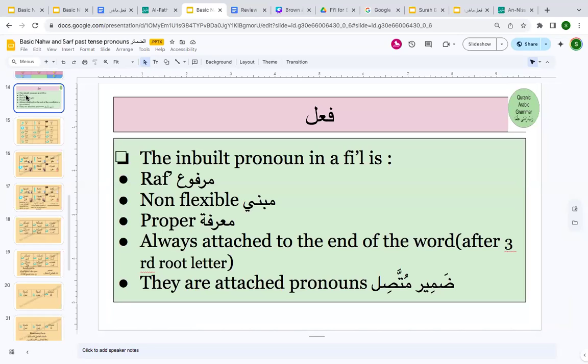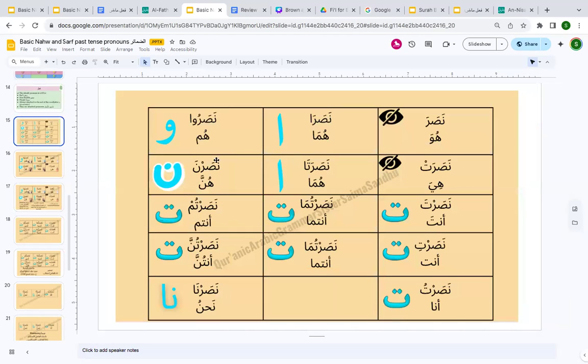My dear sister, when you see Nasarna, what is the pronoun in the fail Nasarna? Can you tell me the name of the pronoun, or just the letter which is denoting the pronoun itself in the word Nasarna? It is Hunna Nasarna, right? Noon is the pronoun.